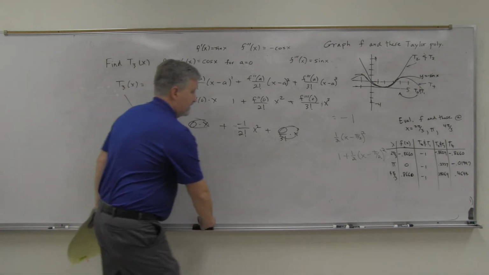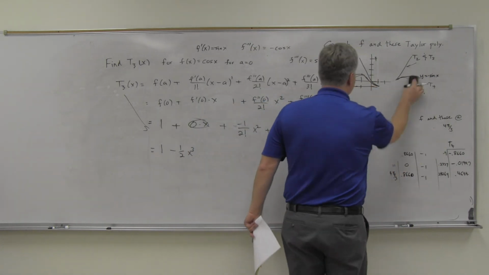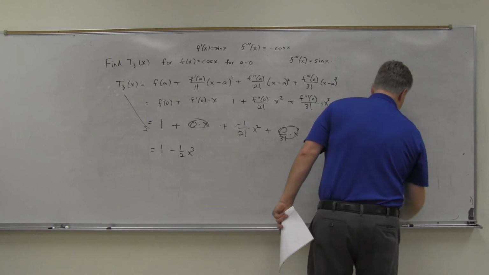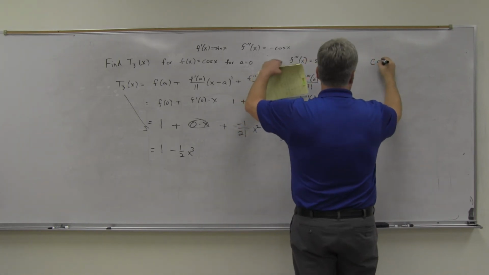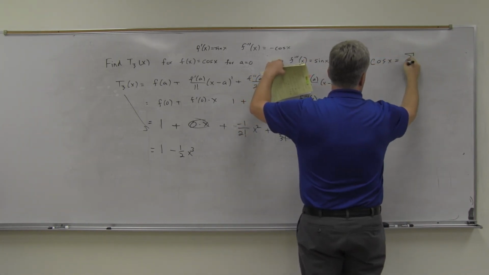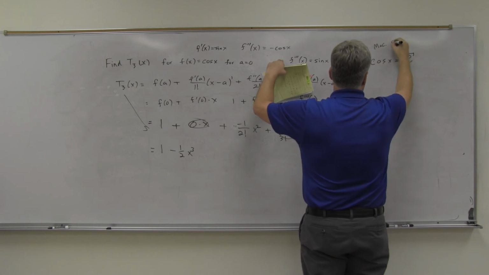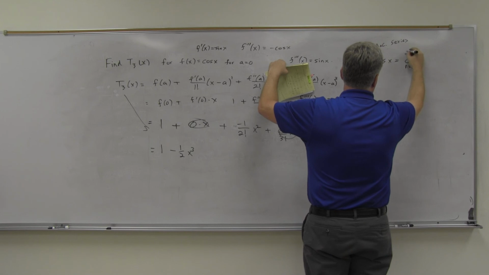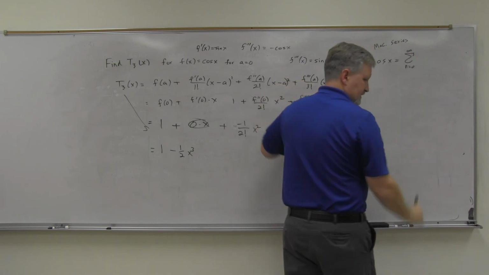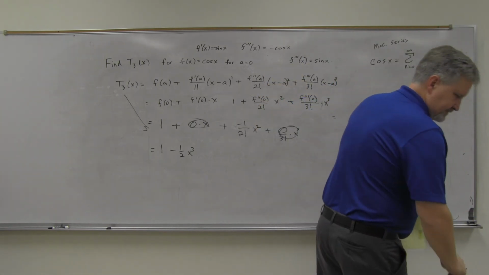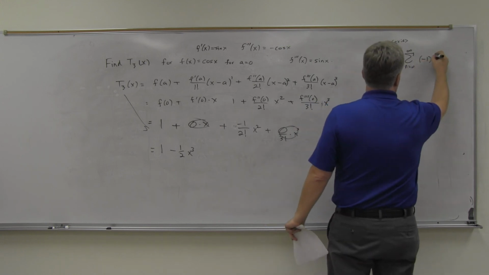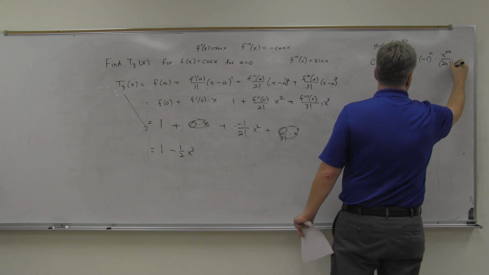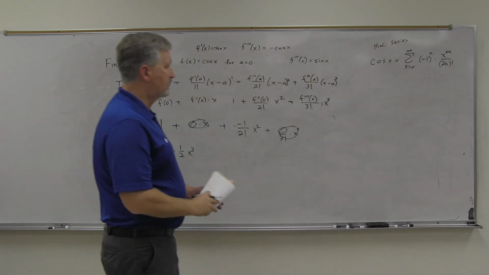What I was going to show you is, the Maclaurin series doesn't technically give you these Taylor polynomials. Maclaurin series, again, it's the sum from n equals 0 to infinity, negative 1 to the n, x to the 2n over 2n factorial. Okay.